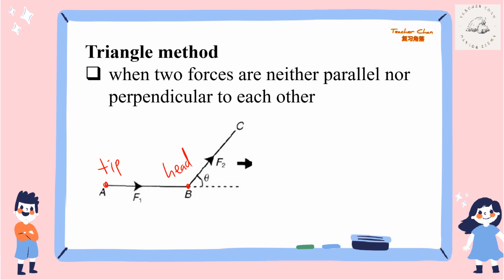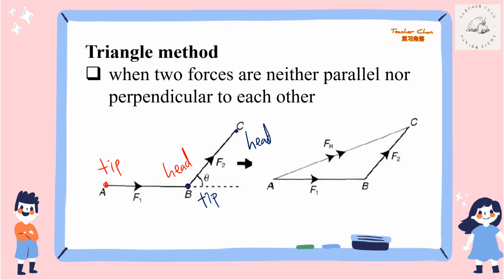You have to join all the forces together using the method head to tail, head to tail. Always like this. After you finish drawing, you will get this picture, and we can find the resultant force.